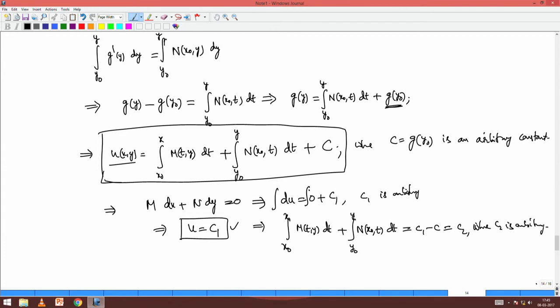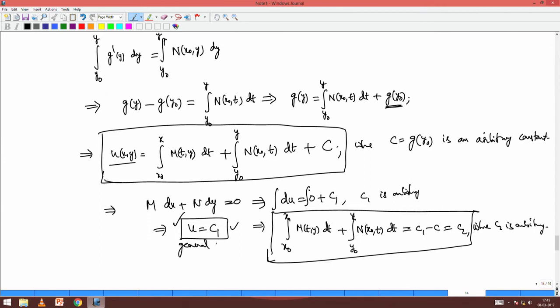So, this is now a function of x and y with an arbitrary constant. This is your general solution. Because this is a general solution, I replace u with this. So, that is your general solution of the given equation m dx plus n dy. So, this is equivalent to say that this is the general solution of the equation.